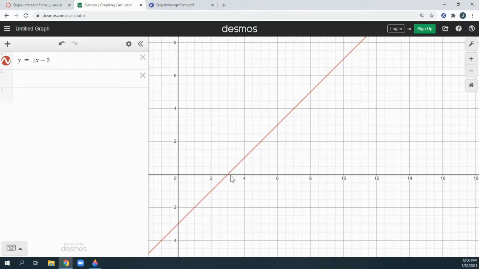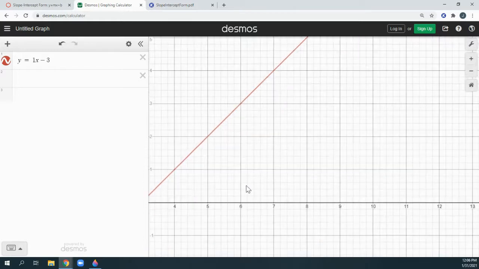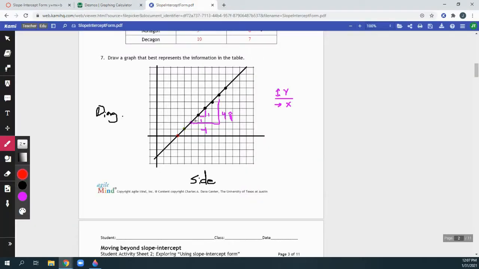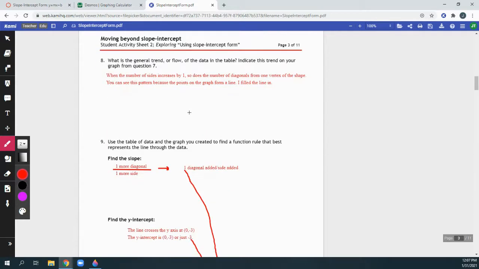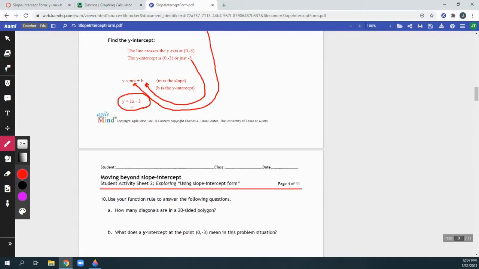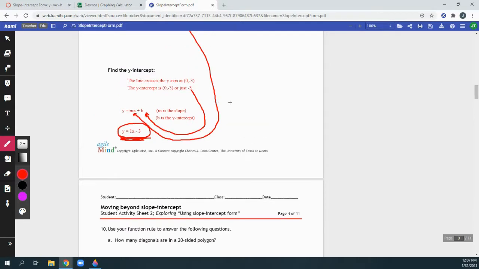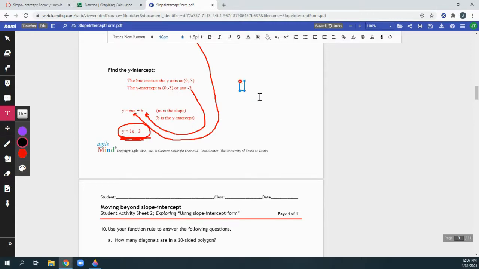For every one that this goes over, let's zoom in one more so I can see, for every one this goes over, it goes 1 up. Oh my gosh, they're the same exact line because we just learned how to express a line using y equals mx plus b, slope-intercept form. This is called slope-intercept form because it tells us the slope and intercept.